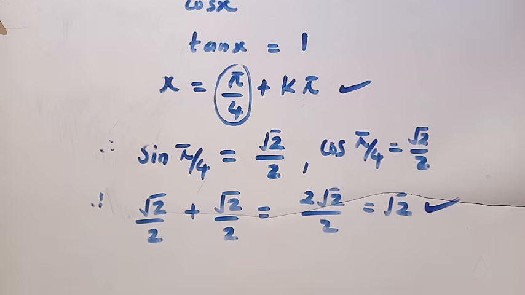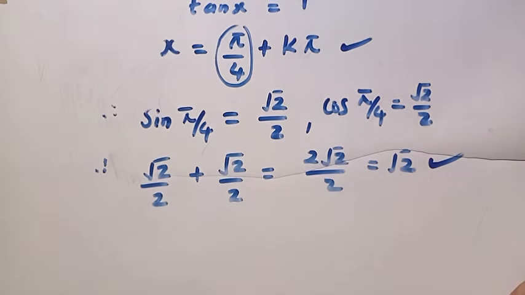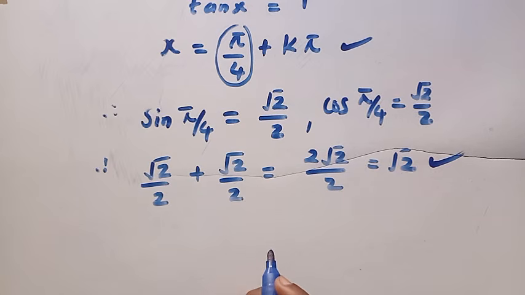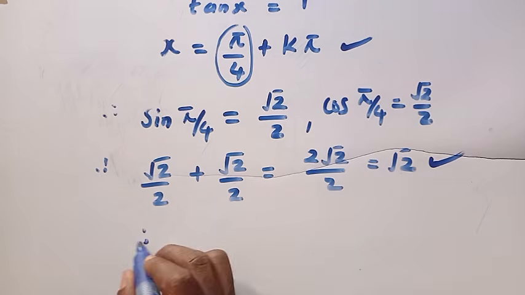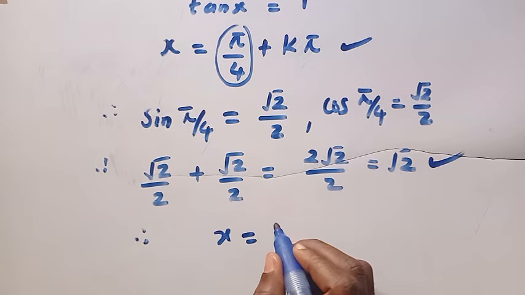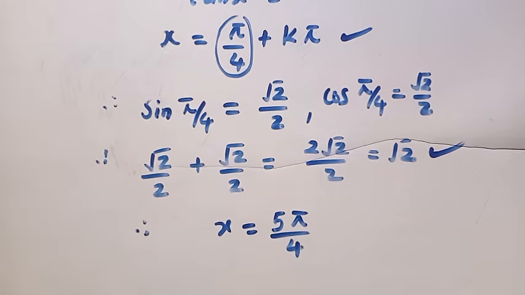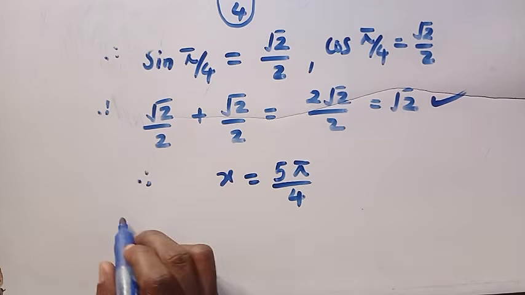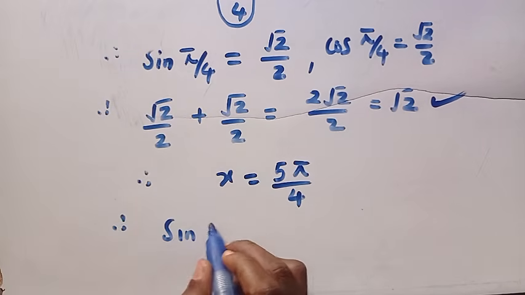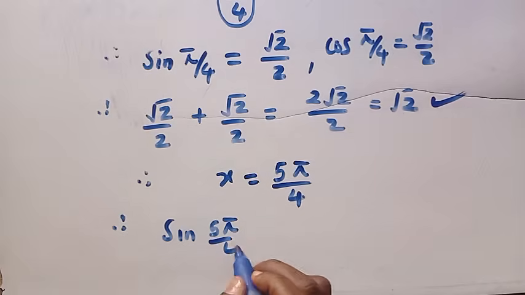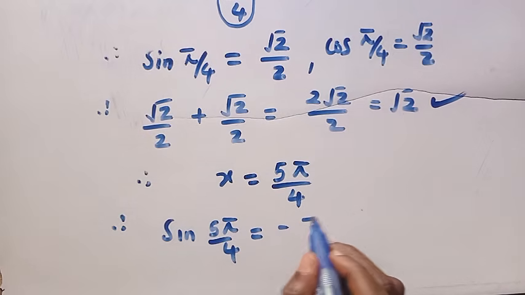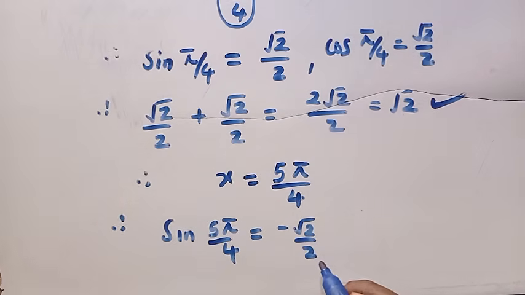But again, if we have something different from this, let's say we try to check for other x where tan x equals 1. Let's see if they fail or they hold. Assume that I have x equals 5 pi divided by 4. If we check for sine, sine 5 pi over 4 equals minus root 2 over 2.